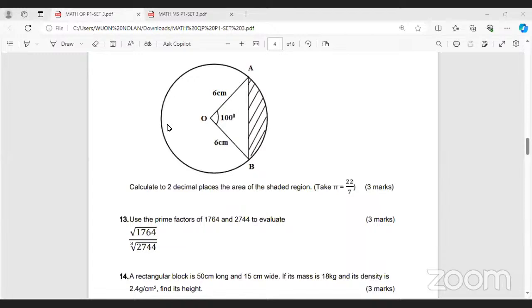Now, the area of the triangle, given the angle as 100 degrees. It is a half AB sine theta. So that would be 1 over 2 times 6 sine 100, giving you 17.7265.